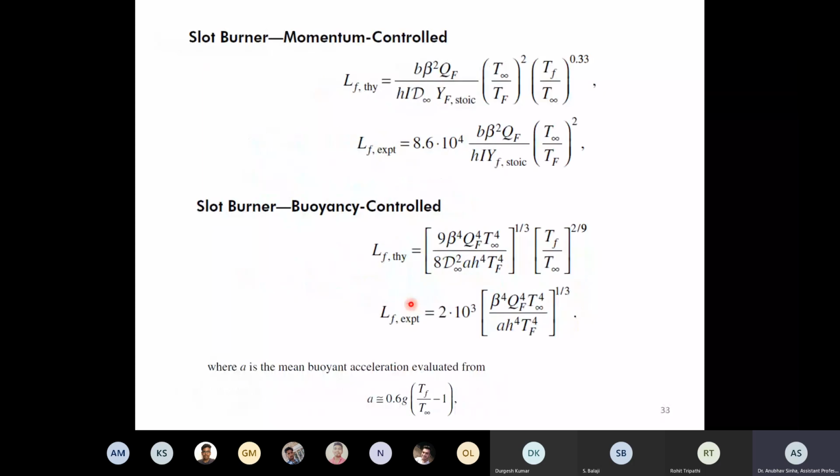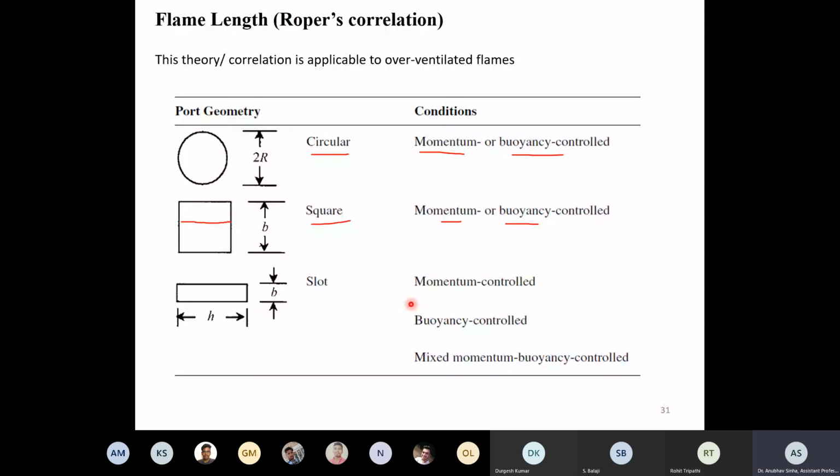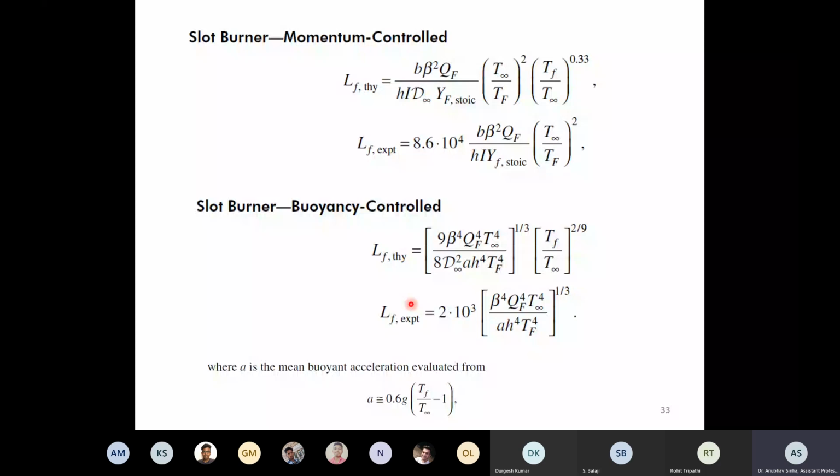For today's class, just note down that these are the different equations for different port geometry. That's all. You don't have to remember this anyway. These slides will be available to you. What the various parameters are and how to use them in a calculation, we'll talk about in next week's class, Wednesday.